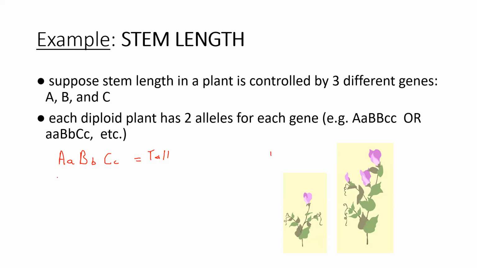Now, if we had instead something like this, that of course would give us a short plant. I mean, that's kind of obvious, right? But what if we had a situation like this?